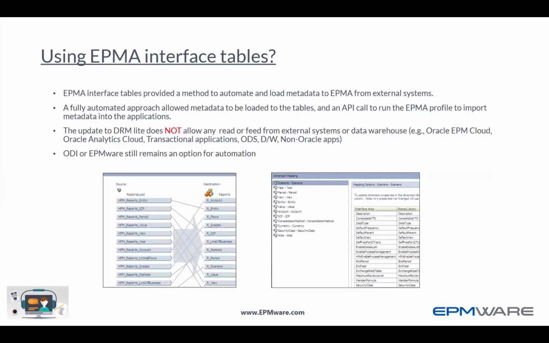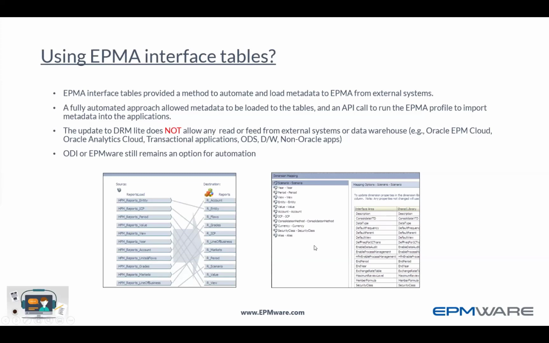So if you were using interface tables, here's an example of how some interface tables were used for sourcing dimensions and then how they were mapped to target applications in EPMA. If you're using this, you want to think about how you're going to continue an automated feed of metadata to your target applications. Some of the larger engagements that we worked on in our past have used this.